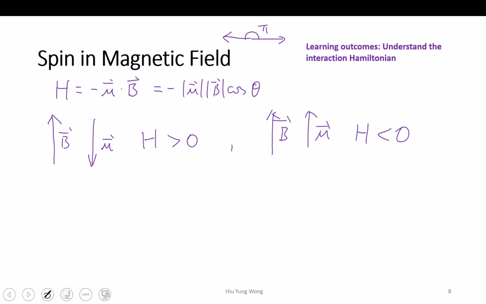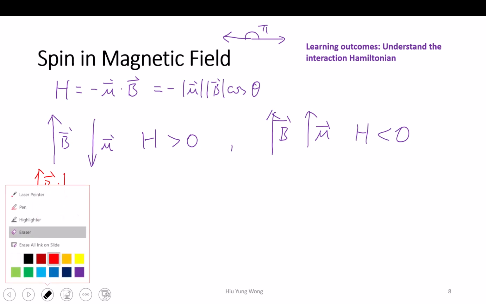Then what does it mean? If it is a proton, for example, with positive charge, and I have the magnetic field pointing up, I definitely see in this case I also have the spin pointing down, right?